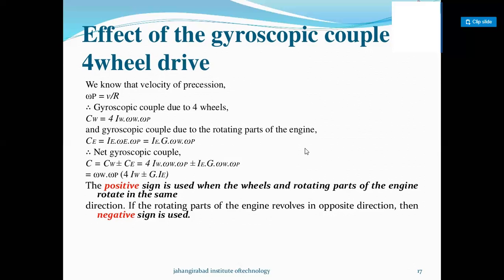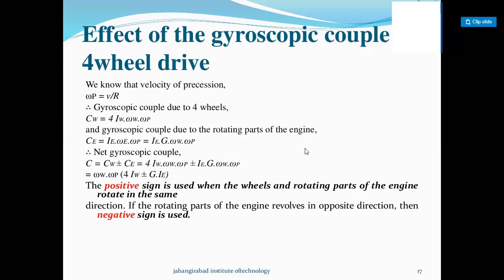Therefore, the net or total gyroscopic couple is Cg is equal to Cw plus or minus Ce, which is omega W into omega P in bracket 4 Iw plus or minus IE capital G. When the wheels and rotating parts of the engine rotate in the same direction, the positive sign is used in the above equation, right?